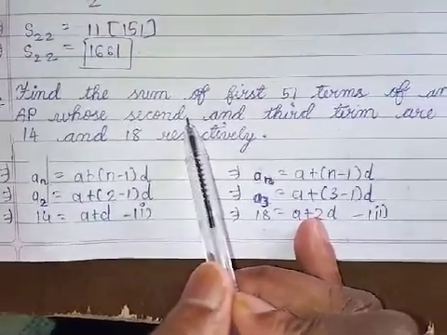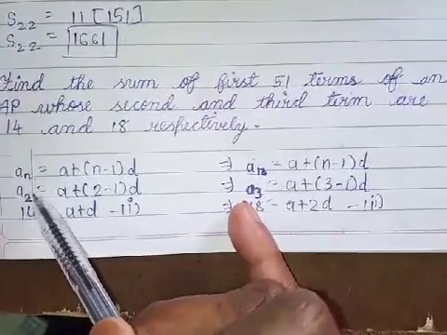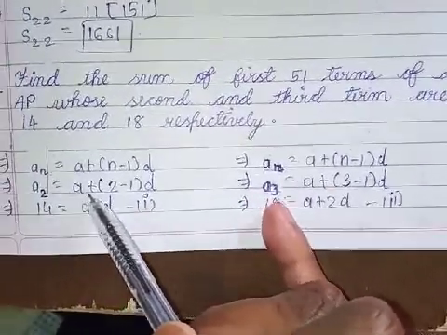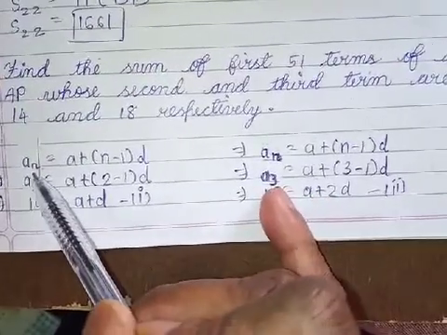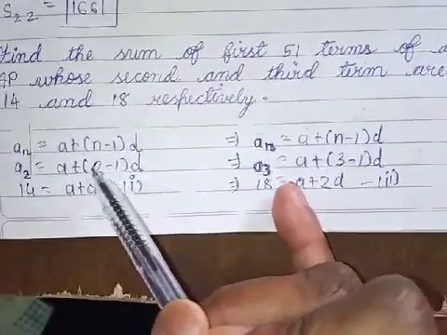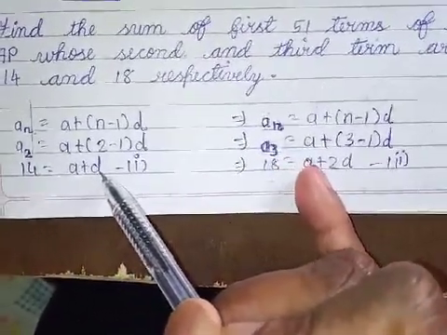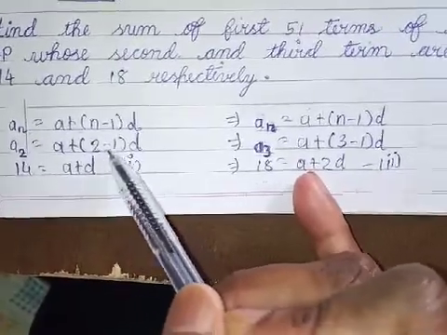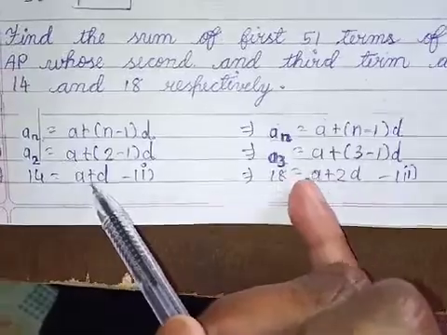What will be the formula for A2? A2 will be equal to A plus (2 minus 1) into D, by using the formula An is equal to A plus (n minus 1) into D. A2 is 14. So 14 is equal to A plus D. Therefore, first equation we got is 14 is equal to A plus D.